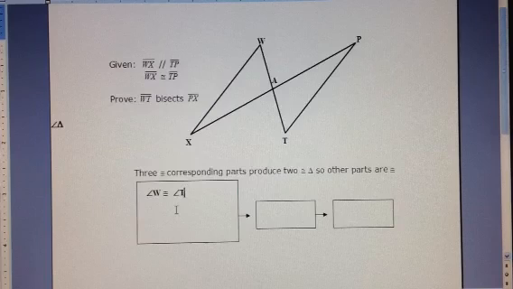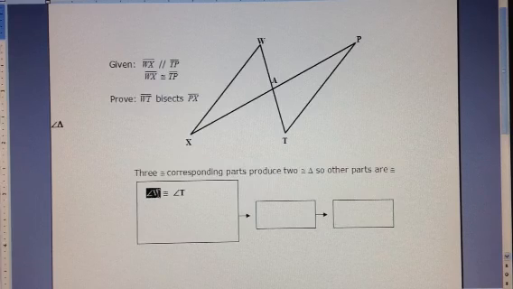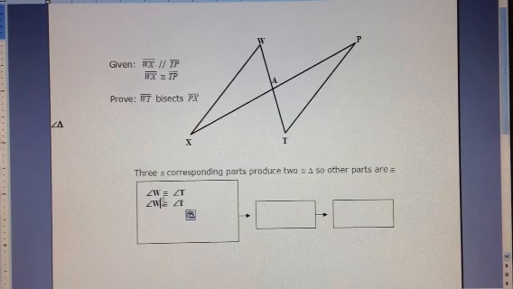and we know that angle WAX, I'm just going to copy this here, angle WAX is going to be congruent to angle TAP because of vertical angles.